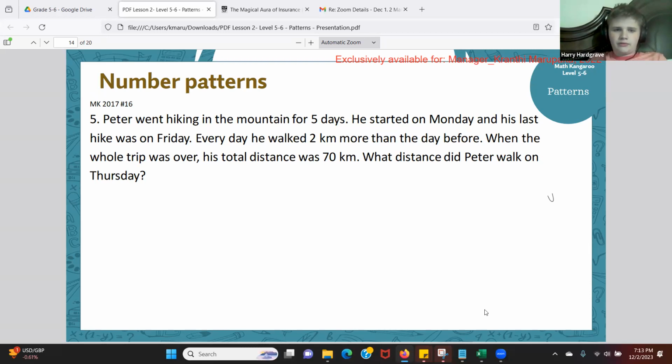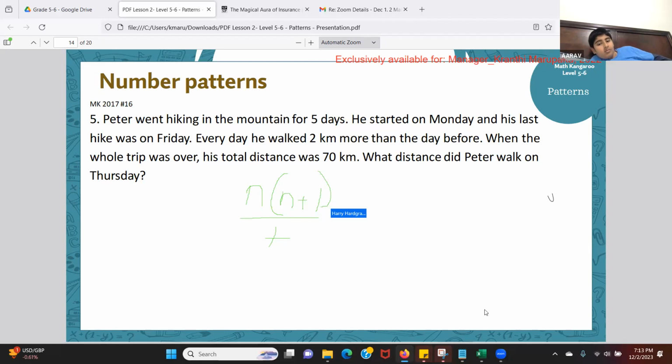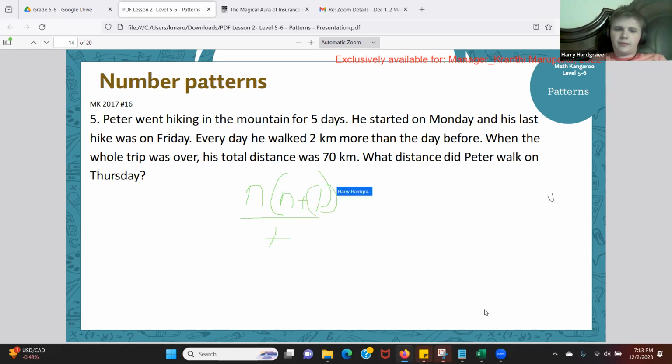If you know that any number is a number, and then that's over the total, and then you multiply that by the number plus 1, and this is whatever number you're at, you'll always get the answer. Then you can change this by whatever you're adding to each part of the pattern. So if I was adding by 2, this would be number plus 2.